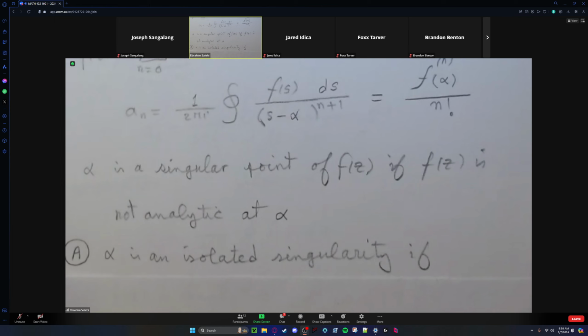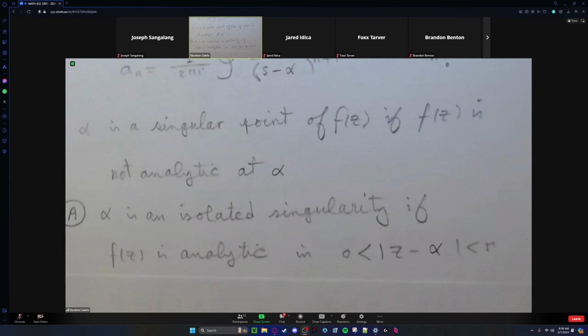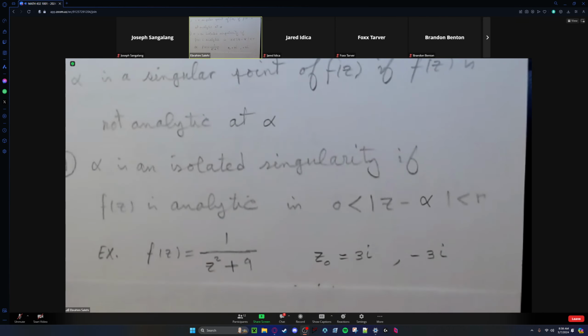Well, isolated singularity, just the term, the name is very descriptive. It basically says, okay, the function doesn't have derivative at alpha, but it does have derivative at other points of a disk. Like this one here is an example.